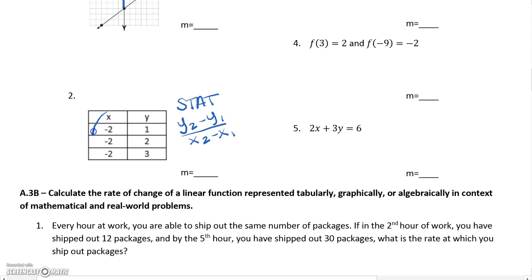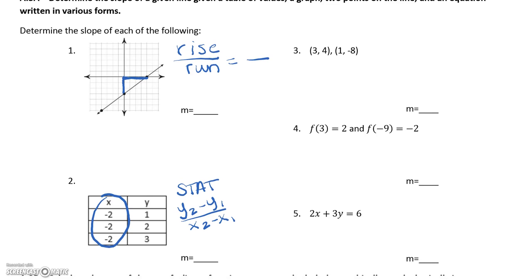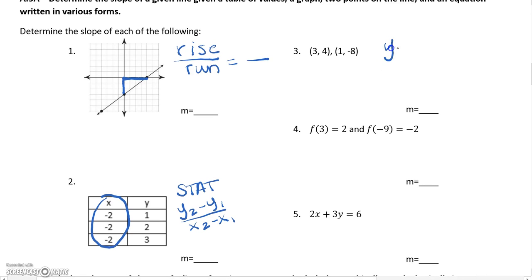And you can also notice that the x's are repeating, so that should kind of give you an idea of what kind of answer you're going to have. Number 3, you need to use the slope formula. And just remember to label your points x1, y1, x2, y2.